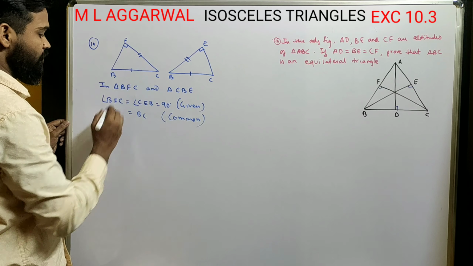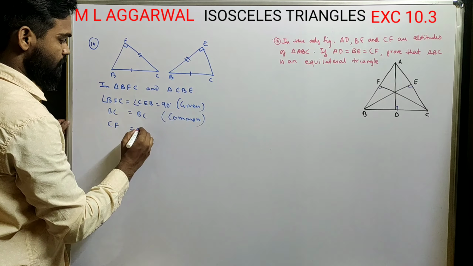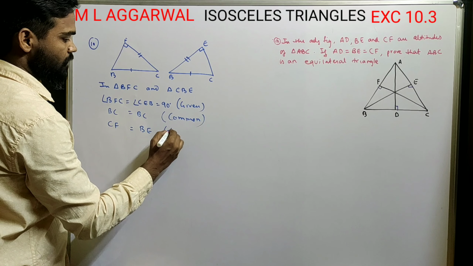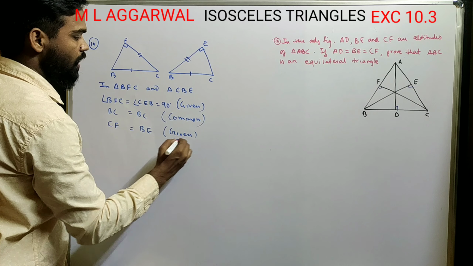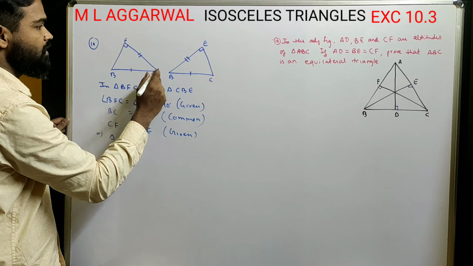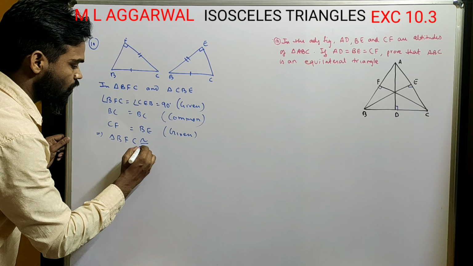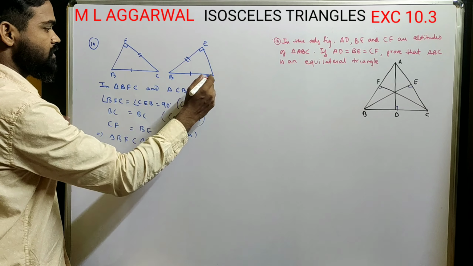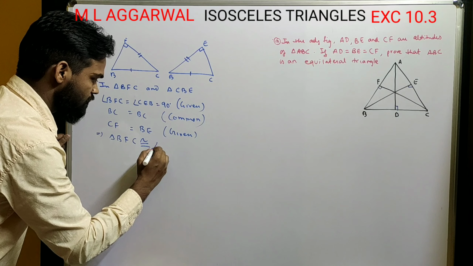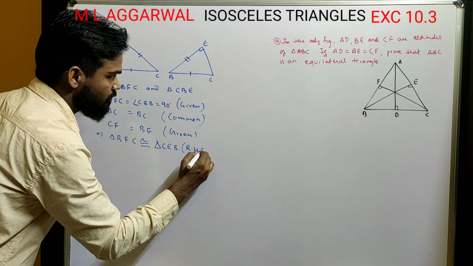And similarly CF is equal to BE, that's also given to us, which means triangle BFC is congruent to triangle CEB, and the reason is RHS.